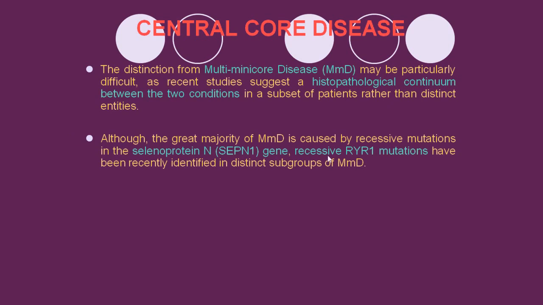Although the great majority of multi-mini core disease is caused by recessive mutations in the selenoprotein N gene, recessive RYR1 mutations have been recently identified in distinct subgroups of multi-mini core disease.